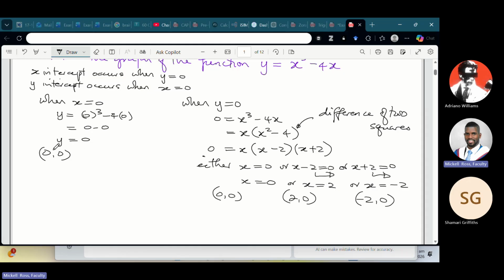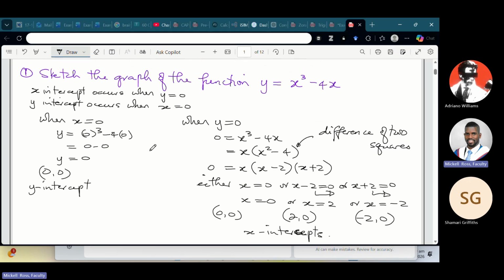That is not to say that the one you find over here is always going to be repeated over here, so bear that in mind. So this is your y-intercept, and these are your x-intercepts. All right, so we know the intercepts. So right then and there, we know where the graph is going to touch the x-axis and the y-axis.